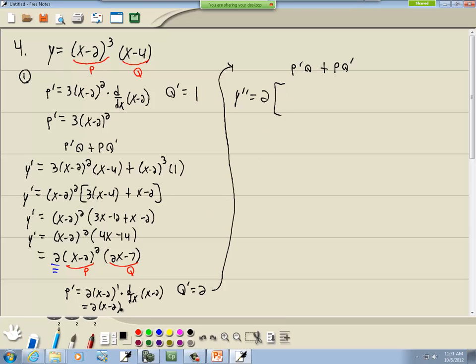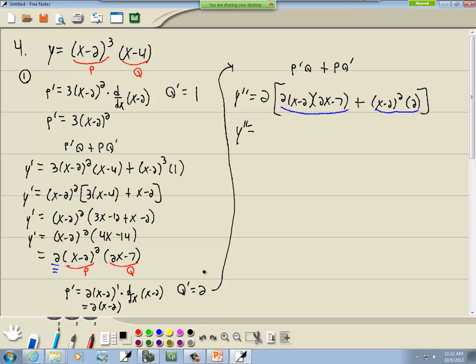P prime was 2 times (x minus 2), times q, which was, what was q? 2x minus 7, plus p, which was (x minus 2) squared, times q prime, which was 2. There we go. Okay. Now this is our first group, and this is our second group.